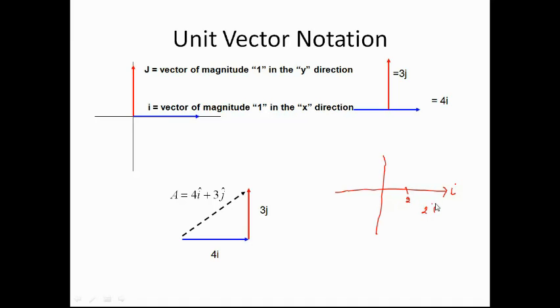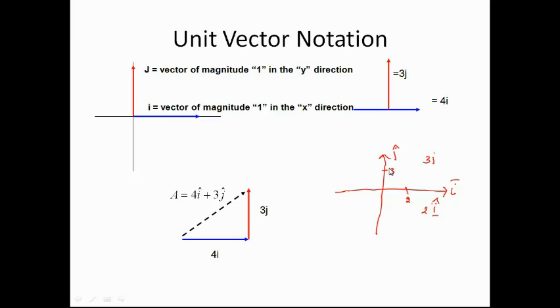Generally there is a cap on this i, which notes that this is a unit vector in the x direction. The unit vector in the y direction is denoted by j or j cap, and let's say we take a magnitude of 3 in this direction, and it is denoted by 3j.